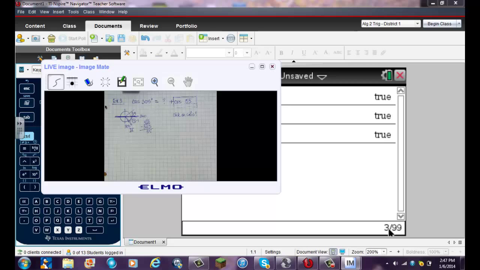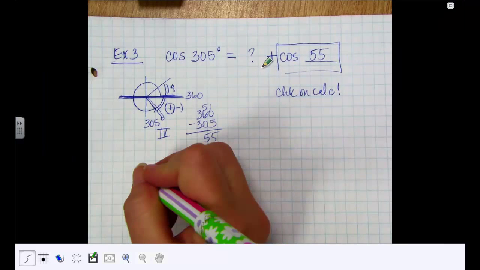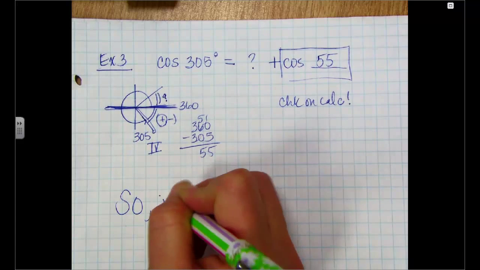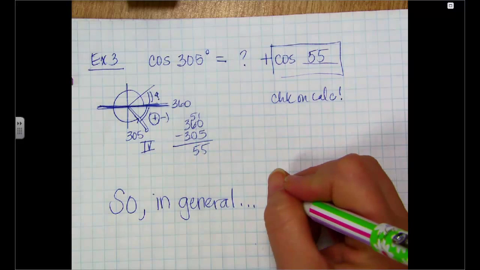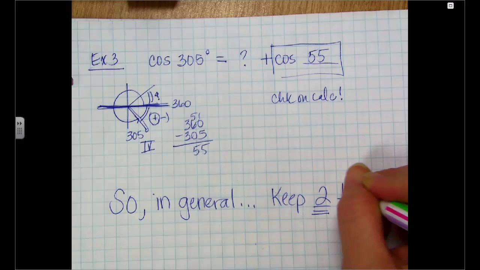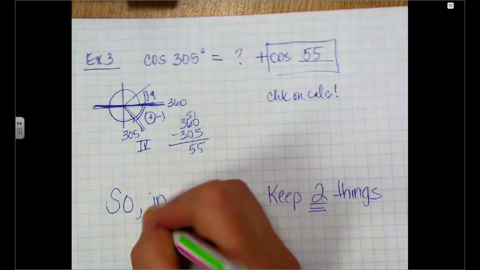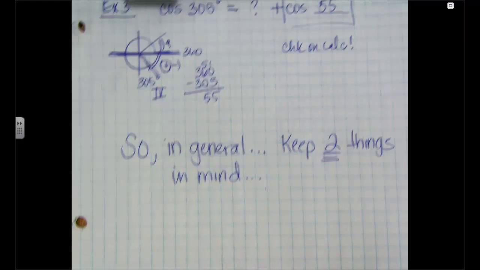There's really two major things you need to worry about with reference angles. You need to worry about what quadrant you're in and what the rule is for that quadrant in terms of signs, positive and negative signs, and the number, the angle measure, that's the quadrant 1 parent. So two things to keep in mind.